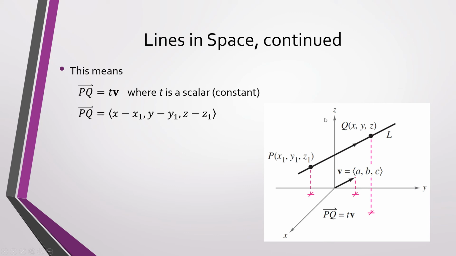So x minus x sub 1, y minus y sub 1, z minus z sub 1. Or if you think about it as being a multiple of vector v, where t is that scalar, that constant, you would do t times a, t times b, t times c, which we already saw.